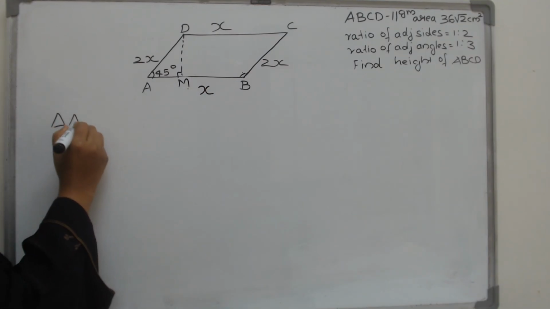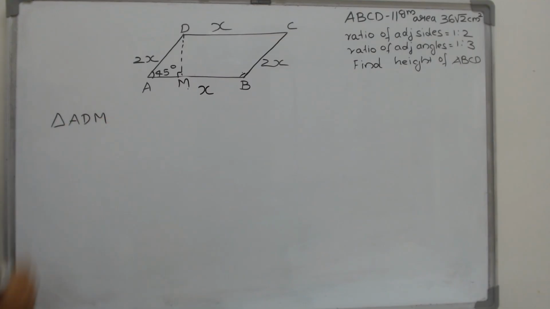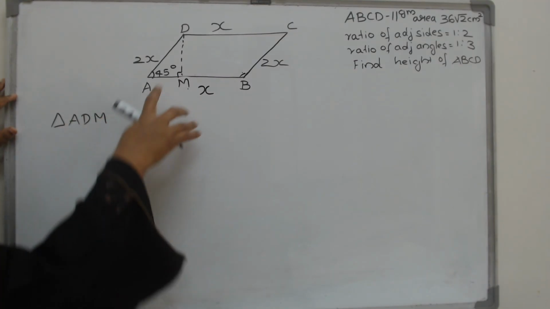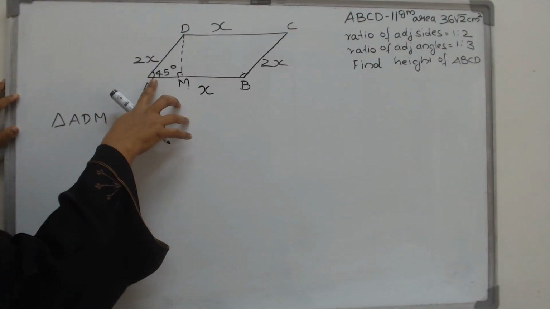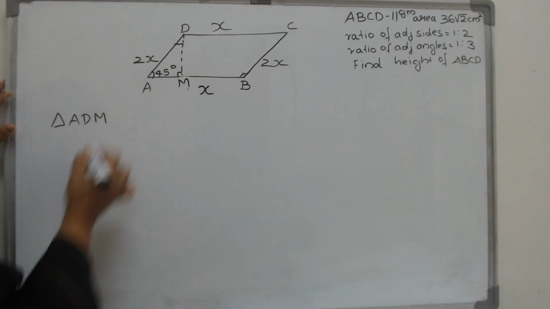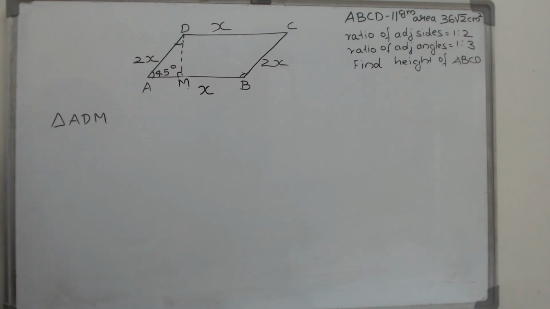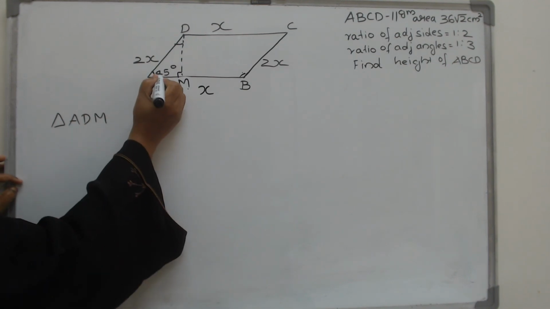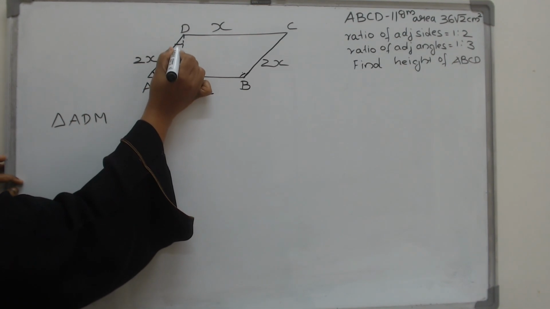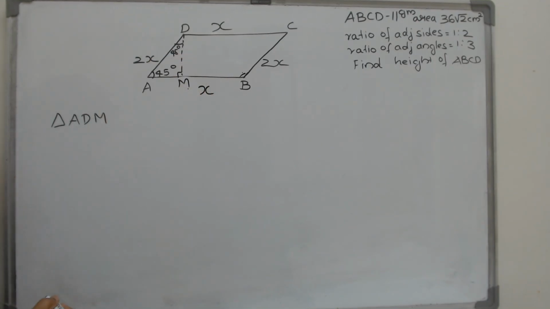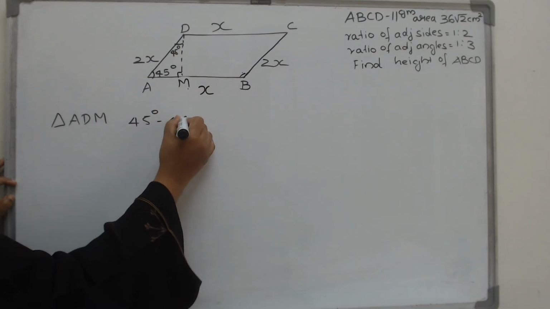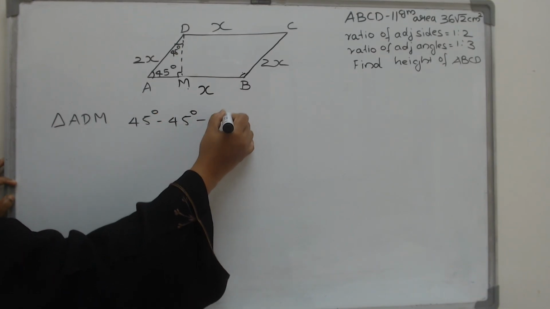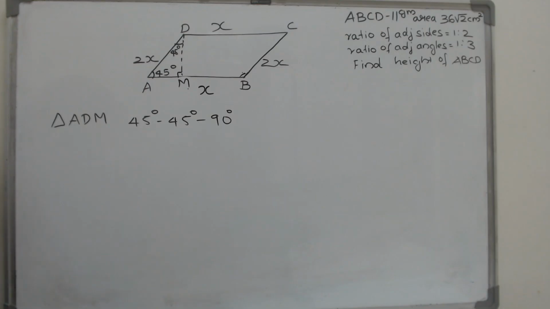Now look at the triangle ADM. What sort of a triangle do you see here? Here you have 90 degrees, here you have 45 degrees. Then what will be the third angle? The sum of angles of a triangle is 180 degrees, which means if this is 45, this will also be 45 degrees. In other words, if you take ADM, the angles are in the ratio 45, 45 and 90 degrees, which means it is a special triangle.